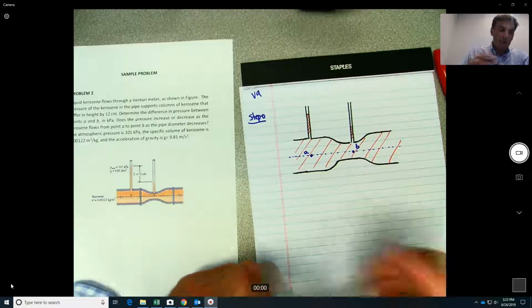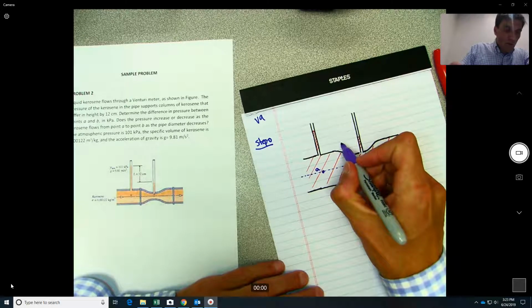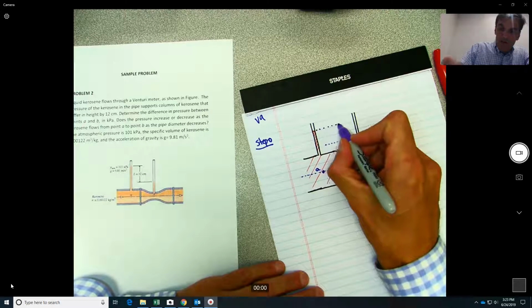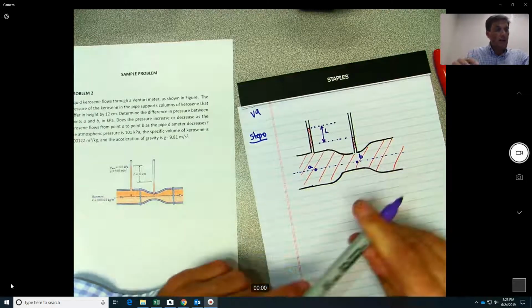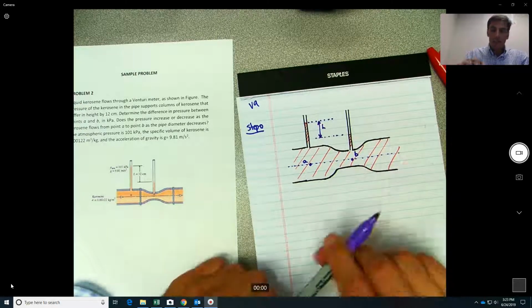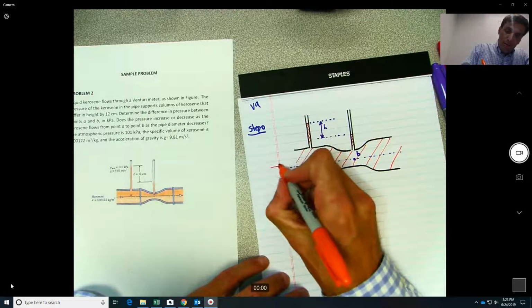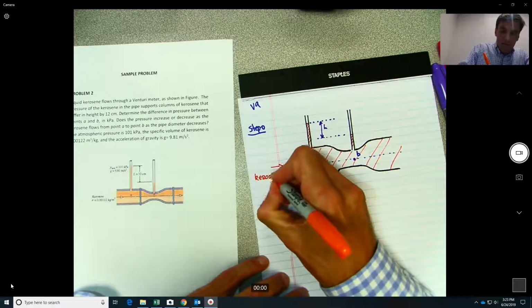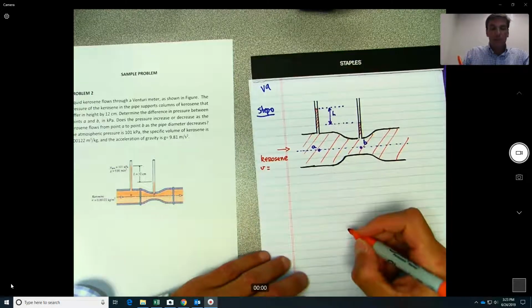They're telling us that the change in height between this point here and this point here is L. Okay, and the substance going inside the Venturi over here is kerosene with a specific volume.